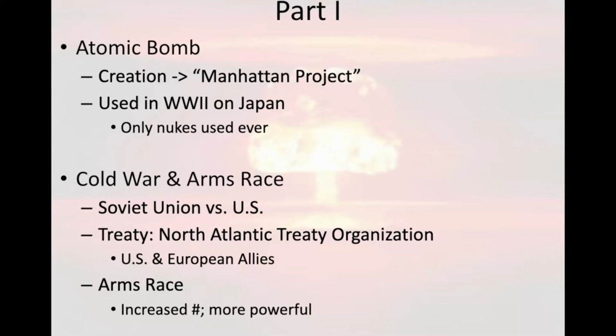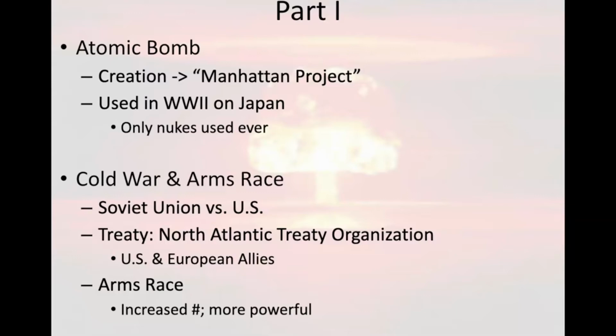And eventually, the United States and the Soviet Union butt heads. It doesn't take very long, but this really comes to be an international foreign policy battle once the Soviet Union creates their own atomic bomb as well. And that's it right there. That's when you get the Cold War, and then that's when you get the beginning of the arms race.